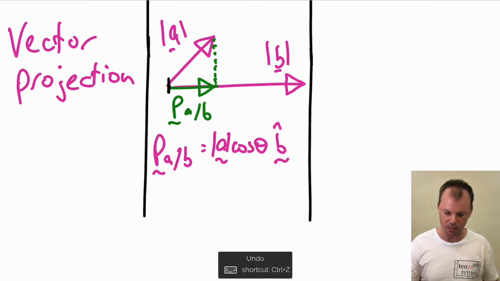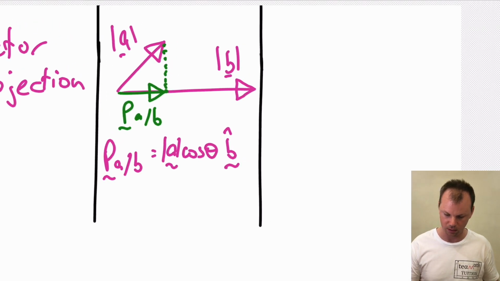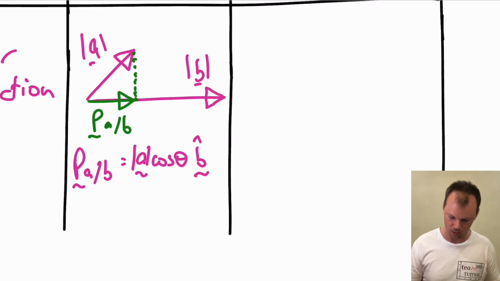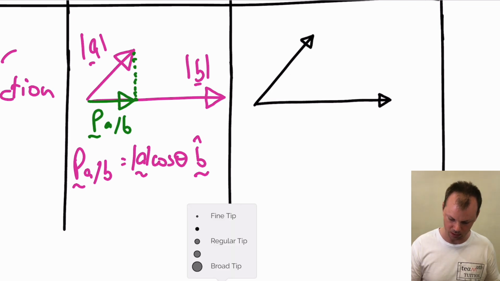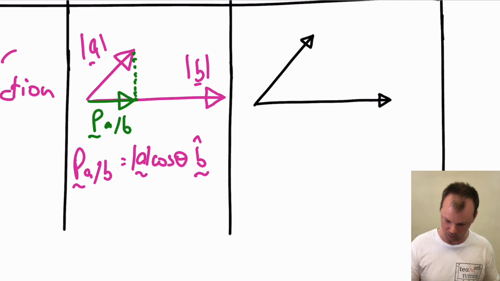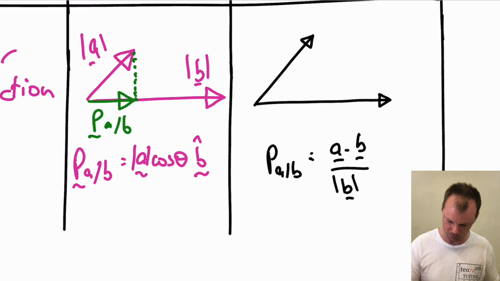So what that looks like in terms of our component form, let's draw it over here. We've got the exact same thing. This time we are determining our projection of A on B by doing A dot B on the magnitude of B. Okay, so that gives us our length.